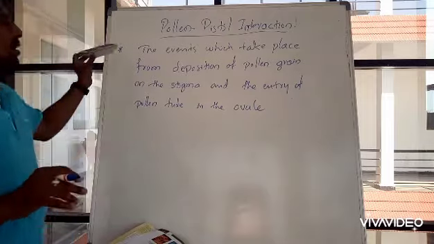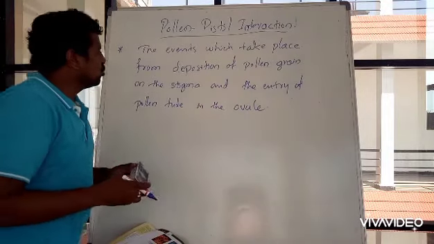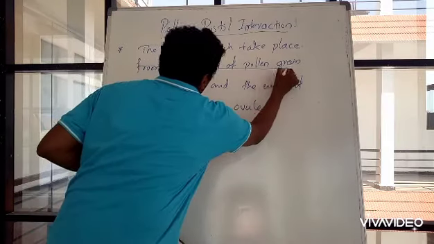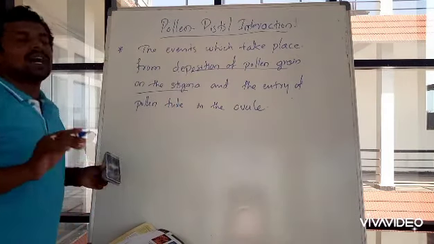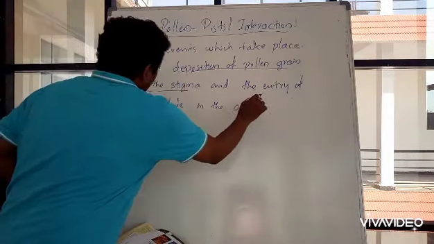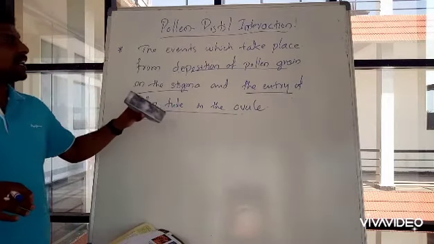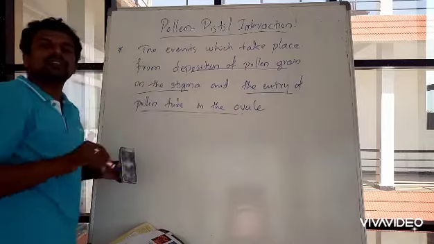Okay, so these are the main two points here. One is the deposition of the pollen grain on the stigma and the other is the entry of pollen tube in the ovule. The events which take place during this whole process.